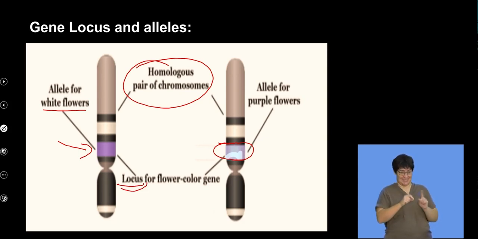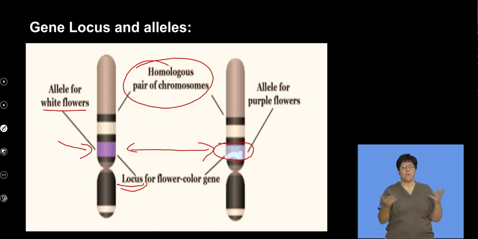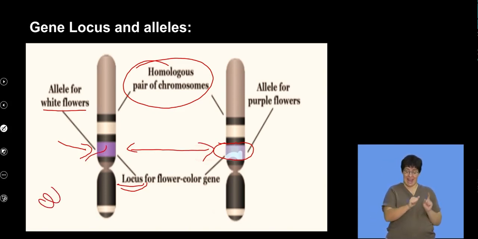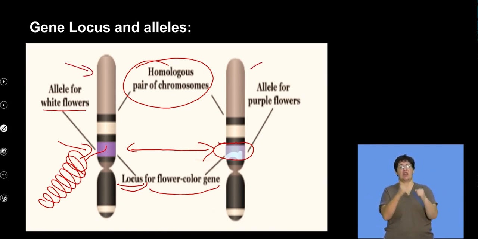And so by illustrating the position of a locus, I'm using this image to show you where that specific gene is found. And remember that that gene is DNA that is wrapped around histone proteins that codes for, in this case, the color of flower. And these homologous chromosomes essentially point to structures where DNA is found wrapped around histone proteins.